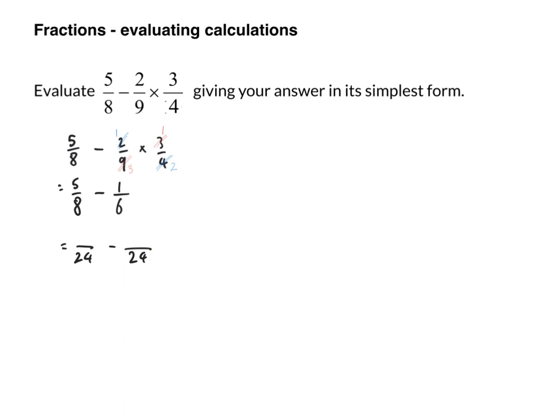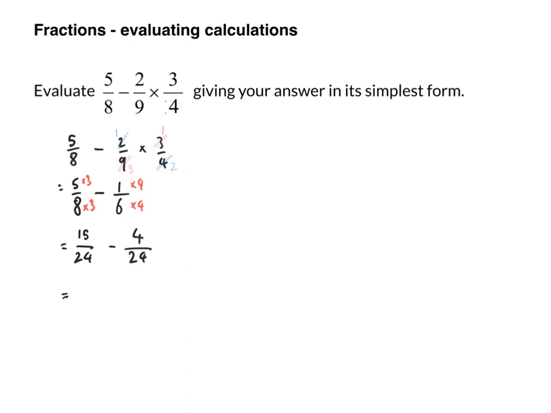So the 8, I needed to times it by 3, so I times the top by 3 as well to keep it an equivalent fraction. 15 out of 24 is the unsimplified version of 5/8. The 6, it got timesed by 4, so I need to times the top by 4. 1 out of 6 is equivalent to 4 out of 24.